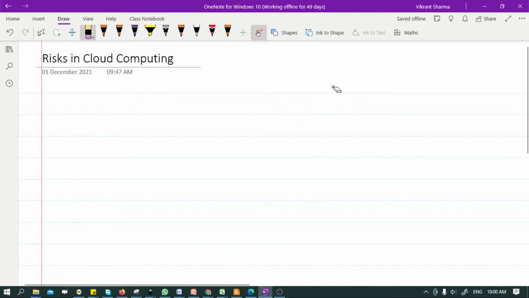There is a person named Gartner who has suggested some risks, or has given a list of risks that are involved in cloud computing. Let us see them one by one.